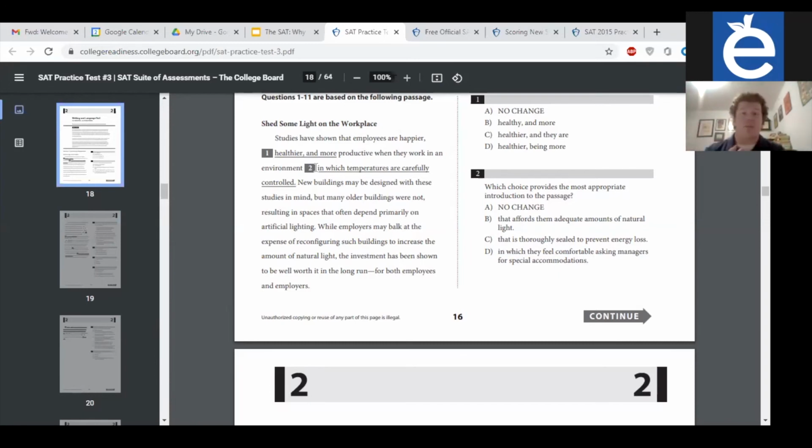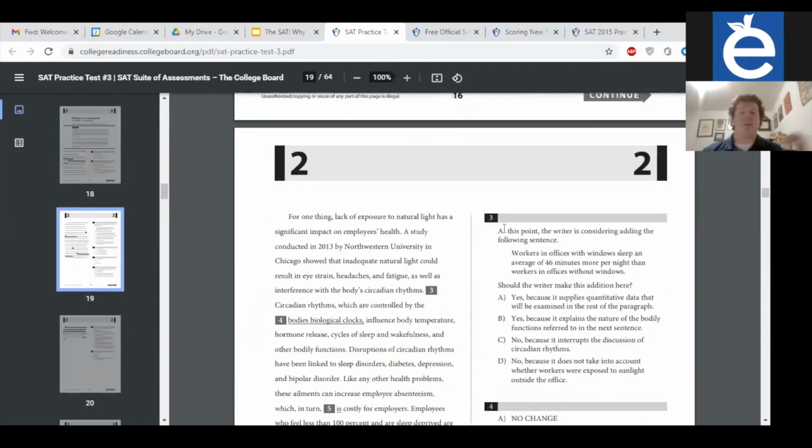There's no obvious grammar errors. There's no logical inconsistencies. They're not contradicting themselves, but it's not on topic, which is the criteria that we want to be using for a question like this. So option B is the only one that is on topic. And we can determine what the topic is by expanding our context a little bit and looking for those clues about artificial lighting, natural lighting, stuff like that.